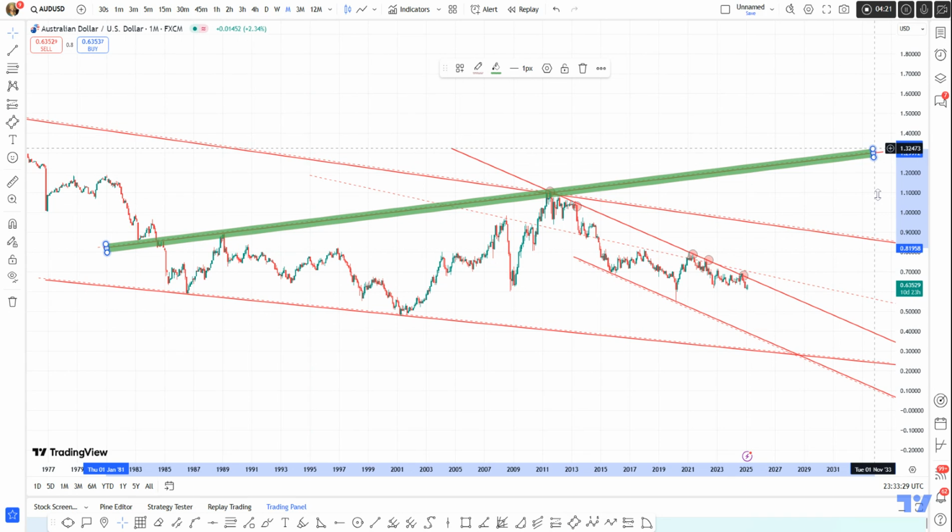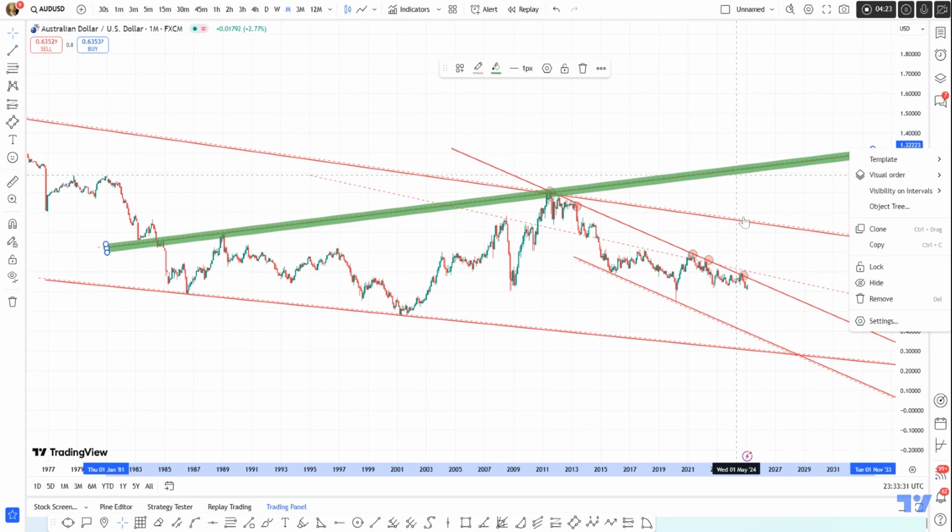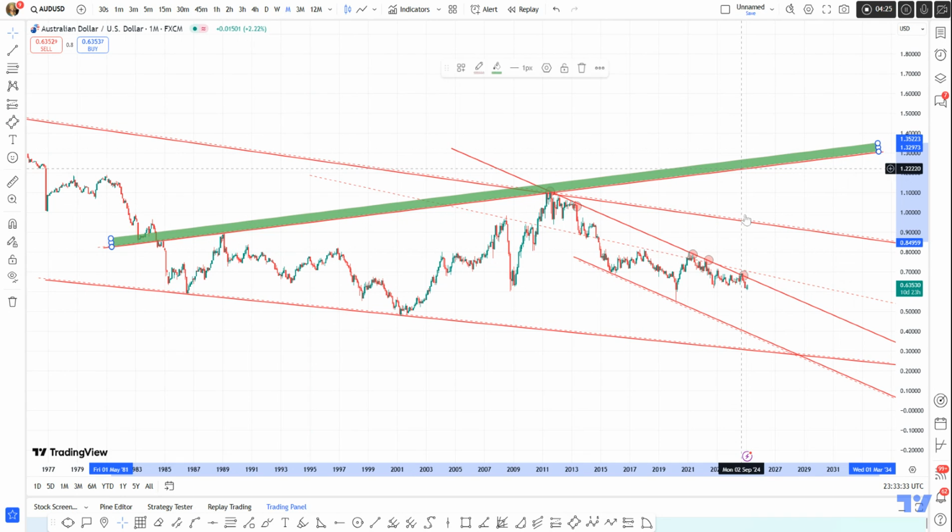This is the ultimate big boy roof, where the big boys stay. They sold in 1989. When price reached that roof, they sold. They placed a sell order, betting that the United States economy will continue to pummel the Australian dollar, and it went exactly the way they expected.